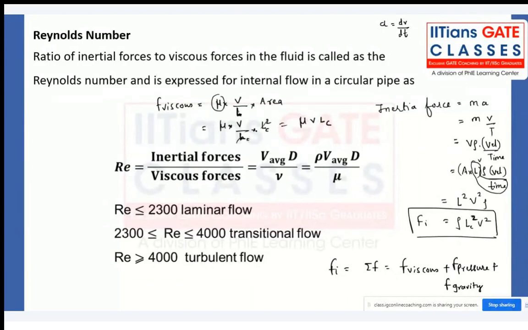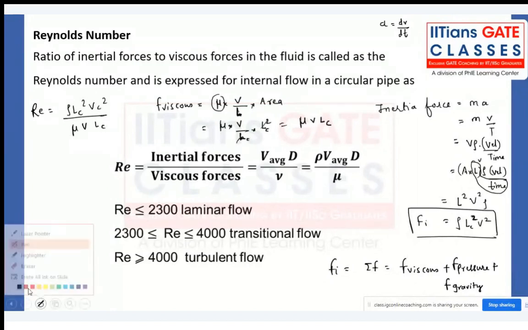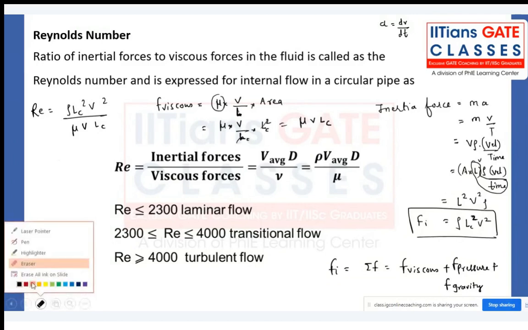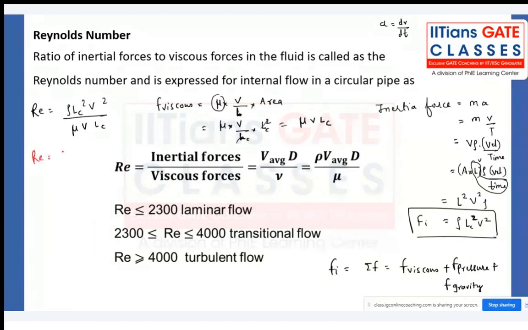Now when you take the ratio of inertia force to the viscous force, what will you get? Rho Lc square V square divided by mu V Lc. Sorry, this is not Vc, rather this is V. So we can write Reynolds number as rho Lc V by mu. And what is the Lc formula?